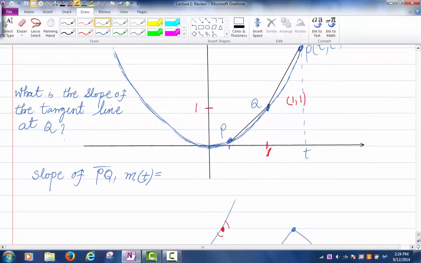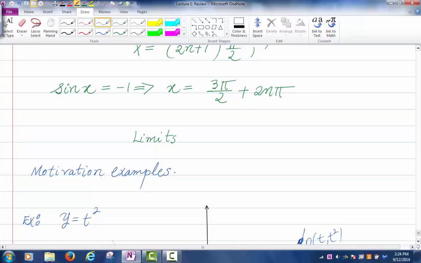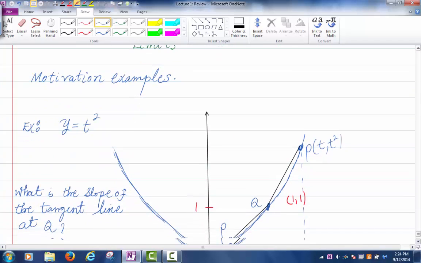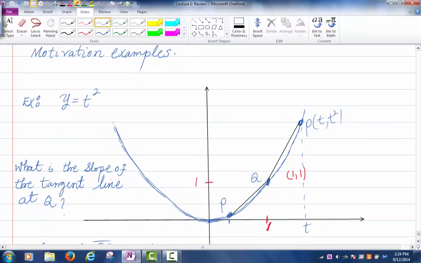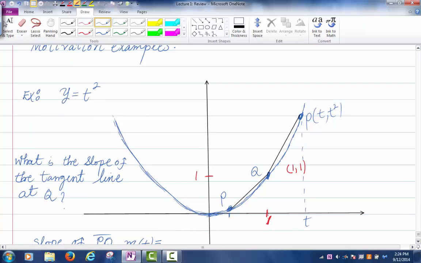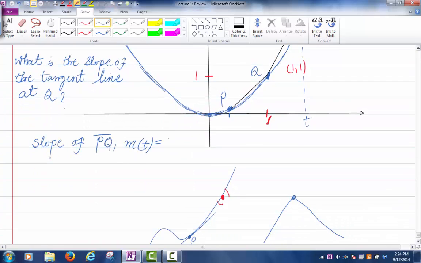Yeah, it's basically rise over run. You know the coordinates of both points, and one of them is (1, 1), the other one is (t, t squared). So you subtract the y coordinates, subtract the x coordinates. If you do that, you get t squared minus 1 divided by t minus 1.